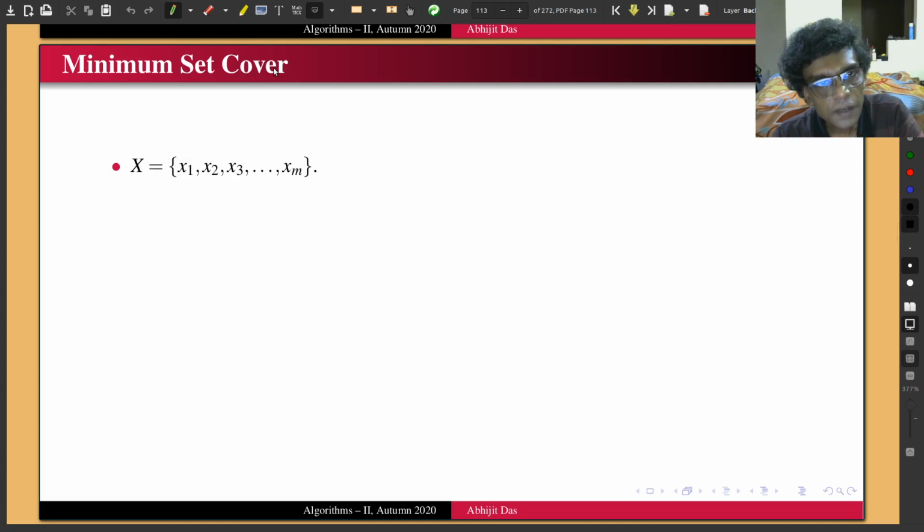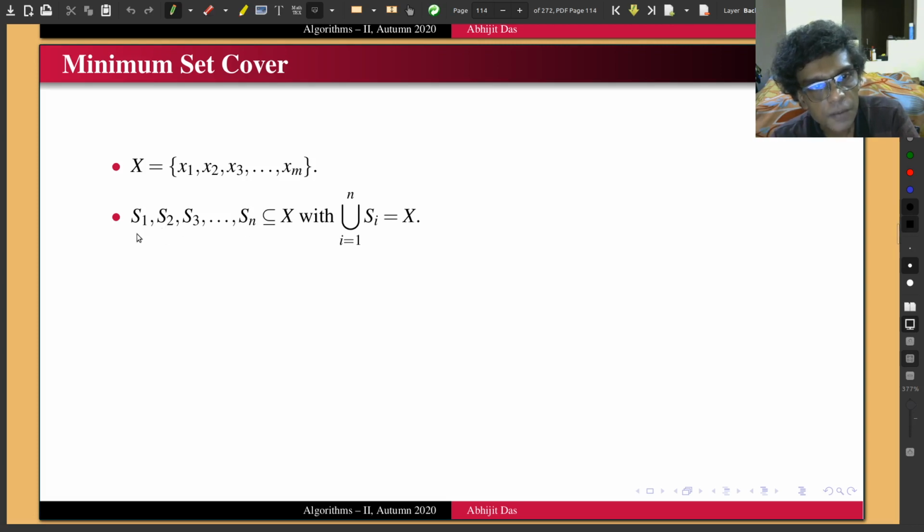So let X be a universal set consisting of m elements x1, x2, x3 up to xm. Of course, we always assume that this is a finite set with m elements. And suppose that a collection of subsets of X is given. It's also a finite collection of subsets S1, S2, S3 up to Sn.